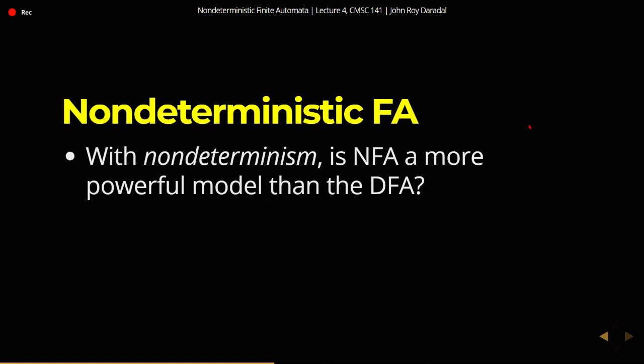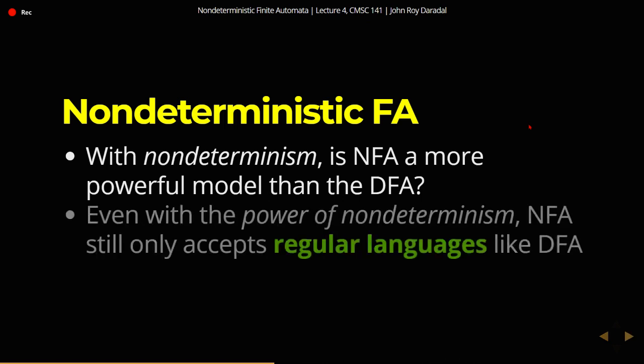With the power of non-determinism, does this make the NFA a more powerful model than the DFA? Because it seems like we have added more capabilities to the NFA, right? The answer is that even with the power of non-determinism, the NFA still only accepts the regular languages, like the DFA.